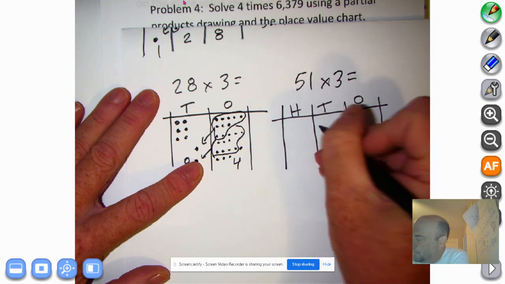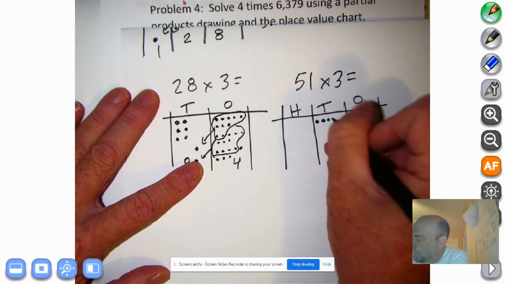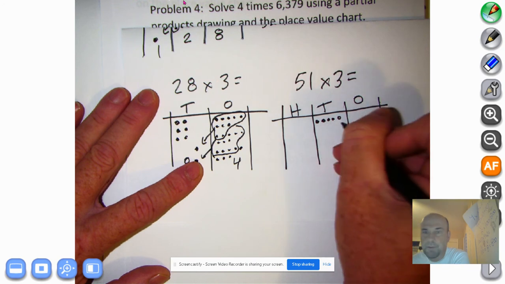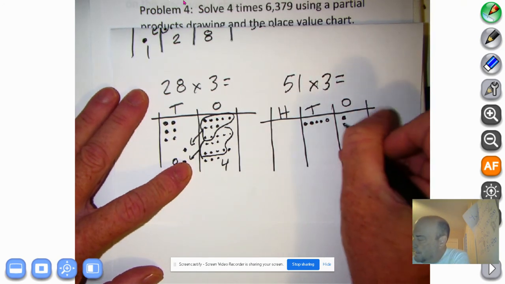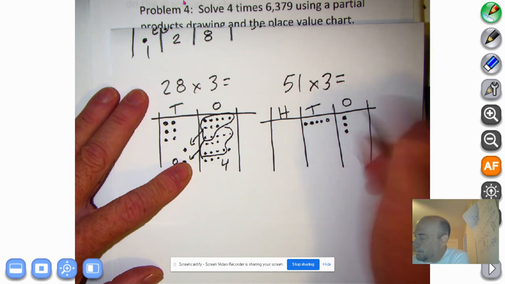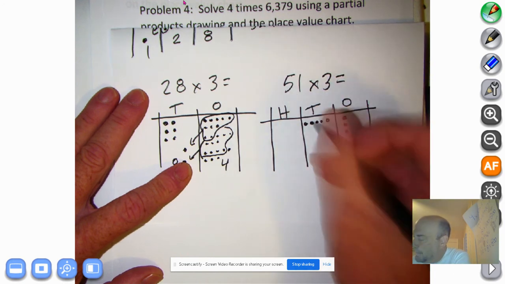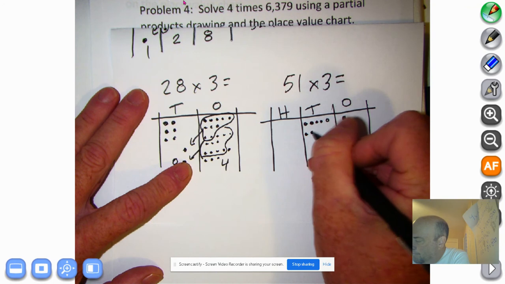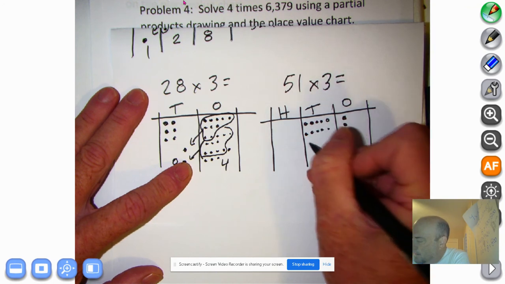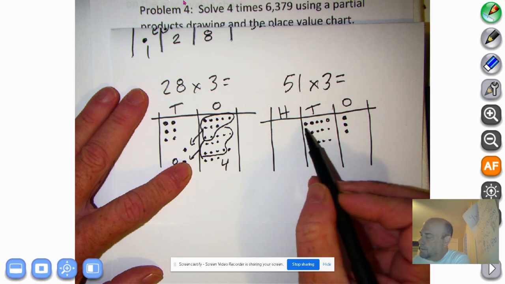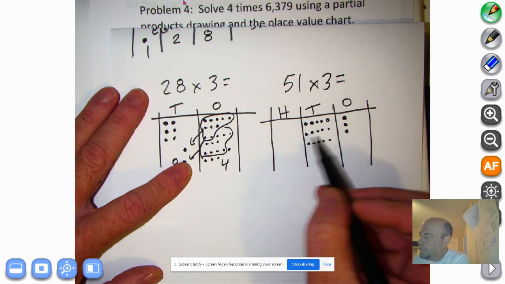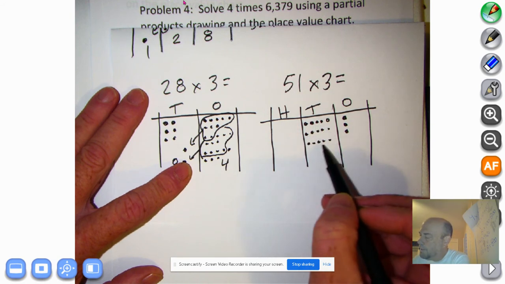Let's make our 51. 10, 20, 30, 40, 50. 1. We're multiplying by 3. 1, 2, 3. 3 times 1, right? And then 50 times 3. What's 50 times 3? 10, 20, 30, 40, 50, 60, 70, 80, 90, 100, 110, 120, 130, 140, 150.